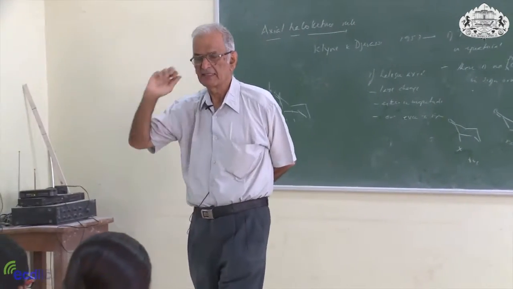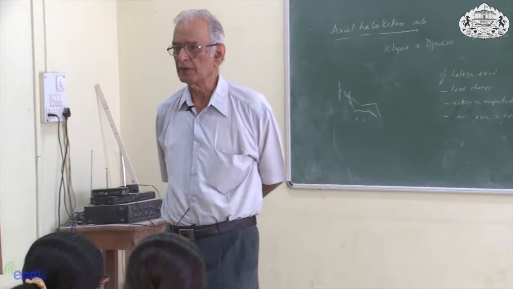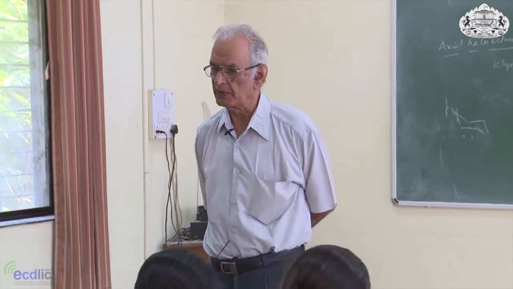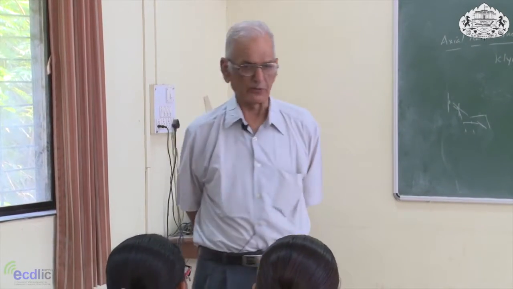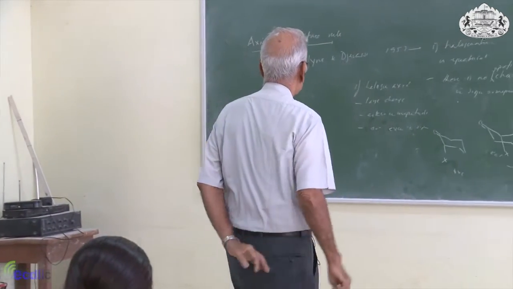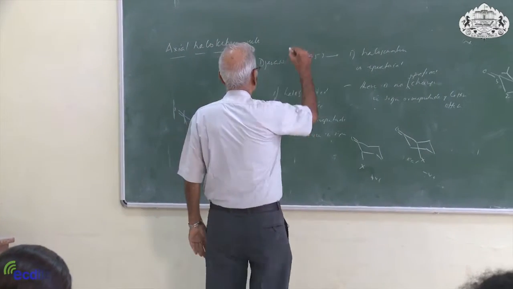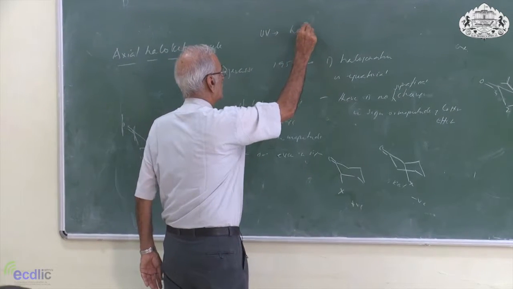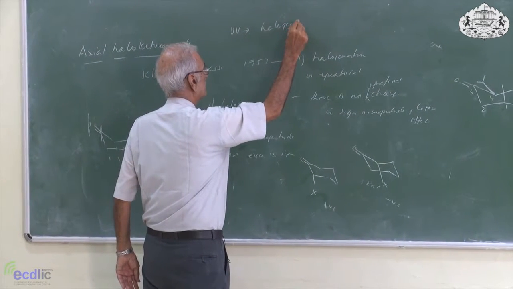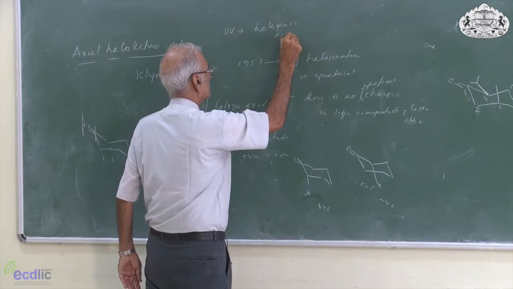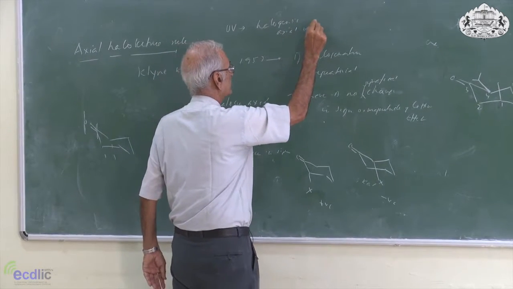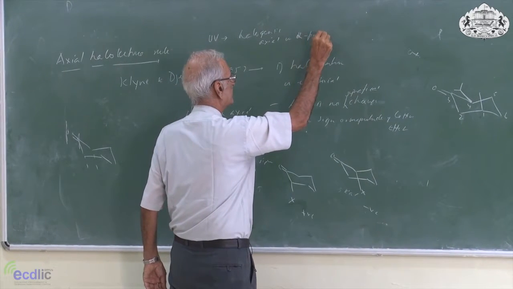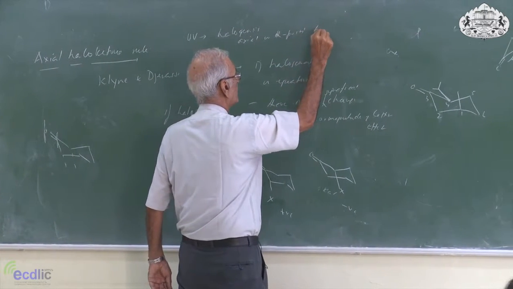What are the ways chemists could find out whether halogen is axial or equatorial before the axial haloketone rule? One is UV. UV says that when halogen is axial in the alpha position to the ketone, there is a bathochromic shift.